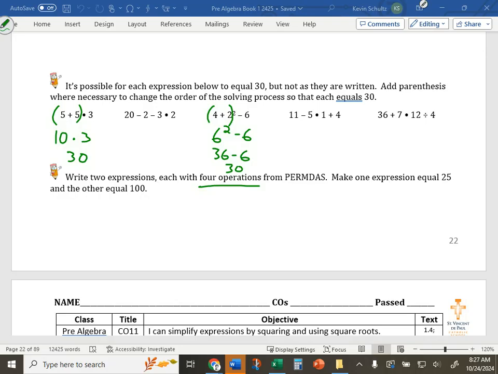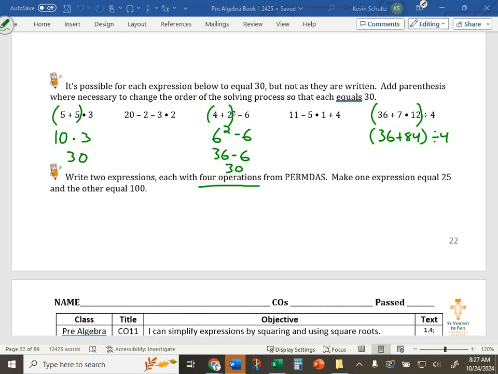You could do 7 times 12 plus 36 and then divide it. Okay. So if I put my parentheses around all this here, within the parentheses I do need to multiply first. 7 times 12 is 84. So I get 36 plus 84. Divide by 4.